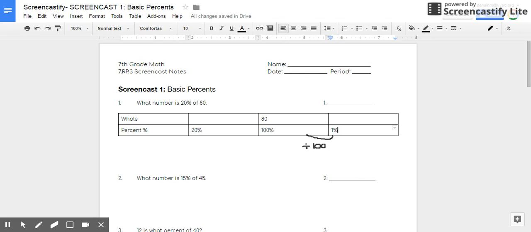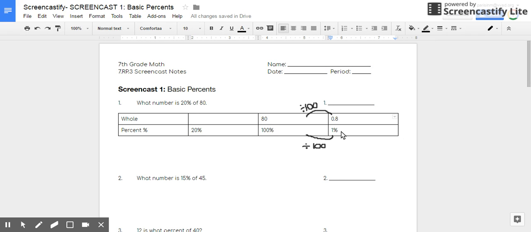So 100% divided by 100 will give us 1%. Whatever we do in the denominator, we also have to do in the numerator in order to keep equivalent ratios. So now we have to take our 80 and divide it by 100. So 80 divided by 100 is 0.8 or 8/10.